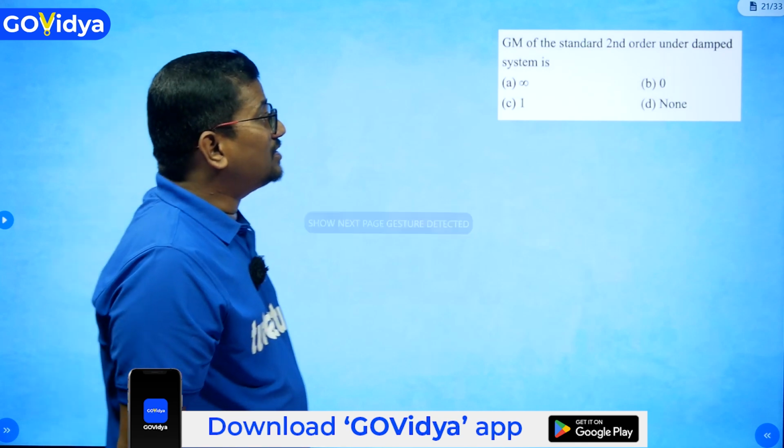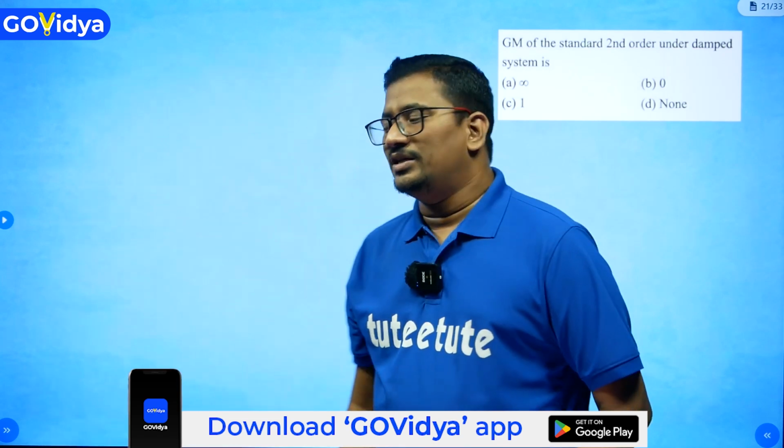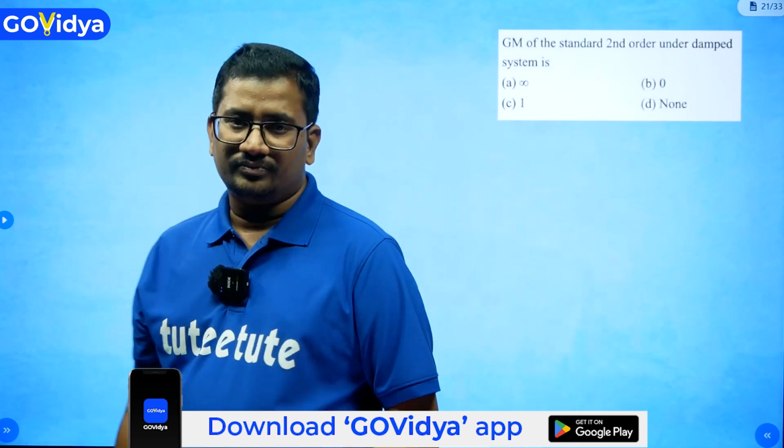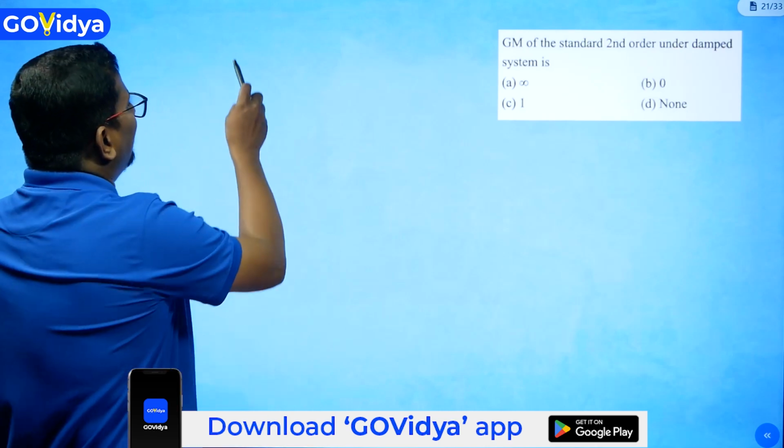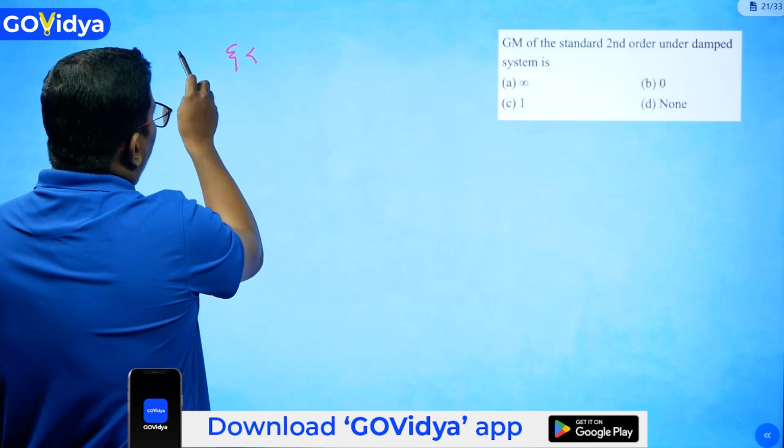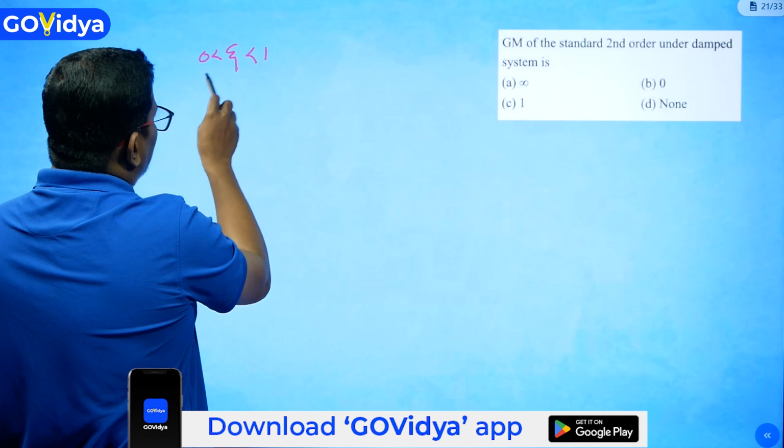The gain margin of the underdamped system. What is meant by an underdamped system? The zeta value is 0 less than zeta less than 1.